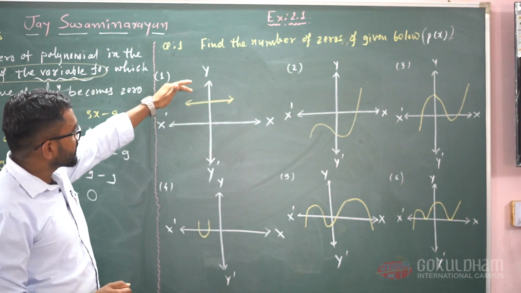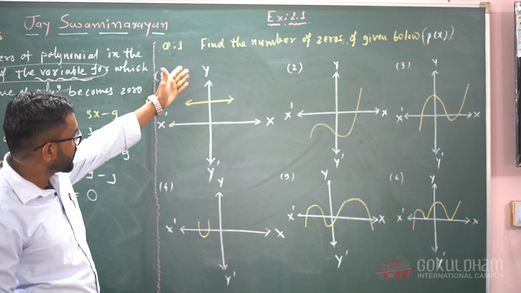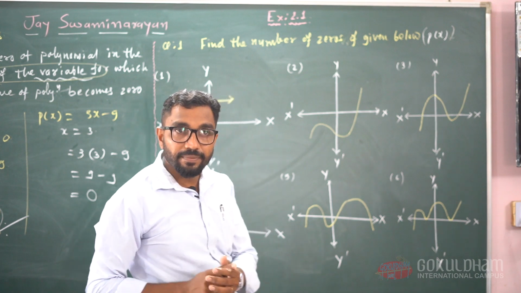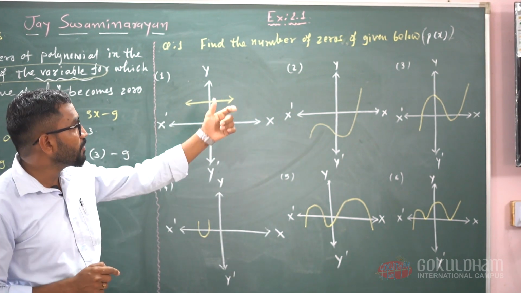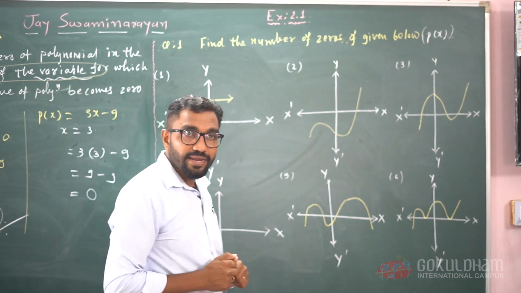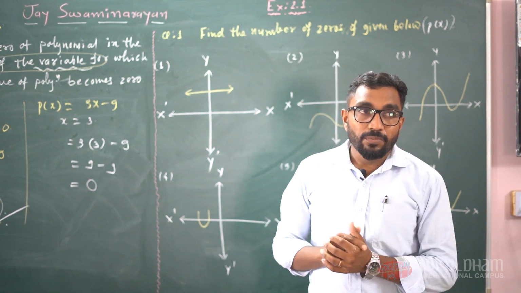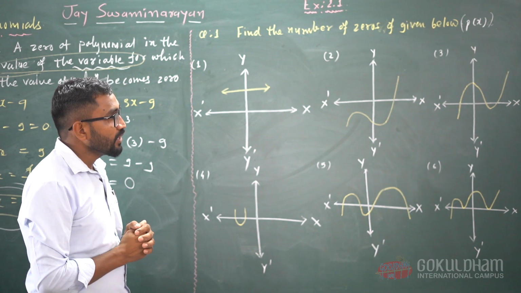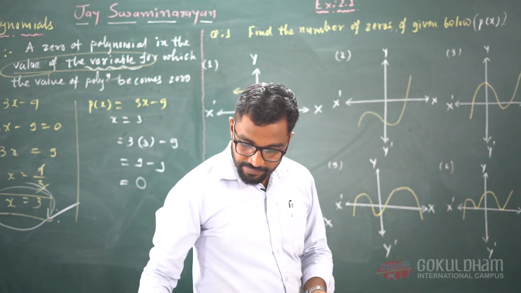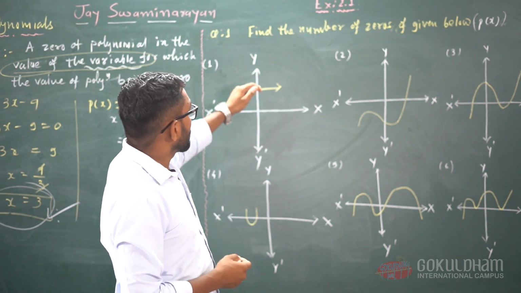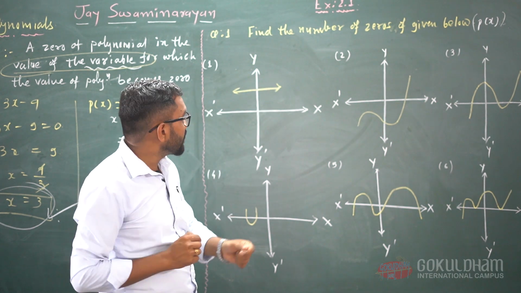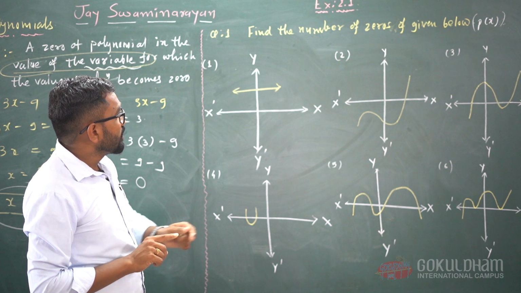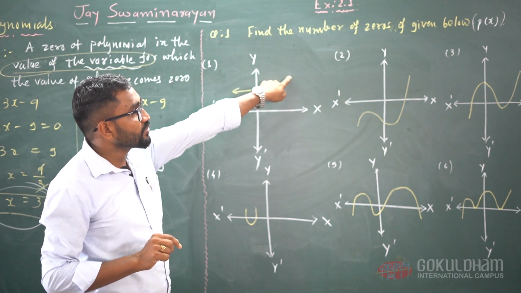These 6 examples are given. All 6 are graphical representations of polynomials. So how to find zeros of polynomials in graphical representation? This is so easy. We take one example first.